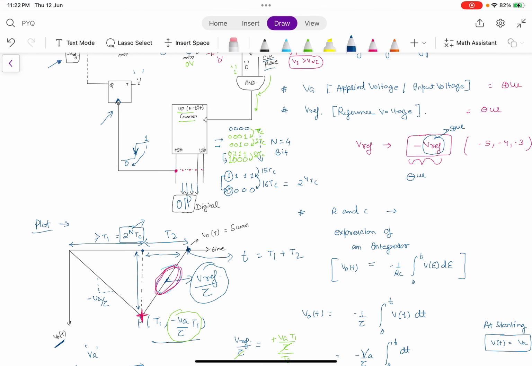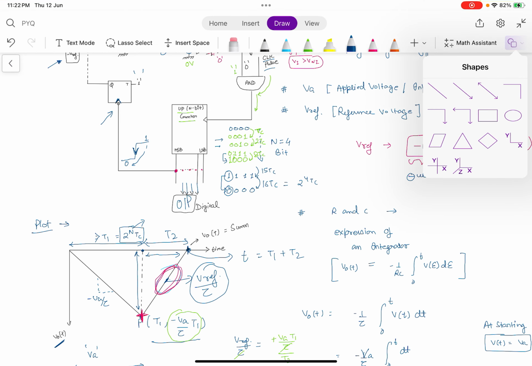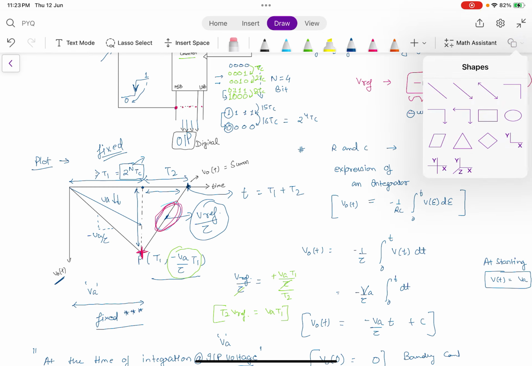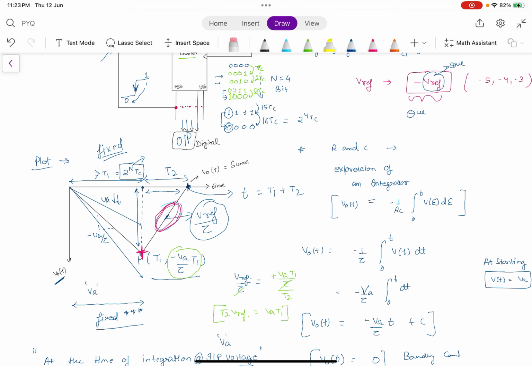If I want to add more on this, I can tell you that no matter what the value of your VA is, it only affects the slope. If VA is small, your slope will change, but your t1 will not change. I am repeating again, t1 will always be fixed.